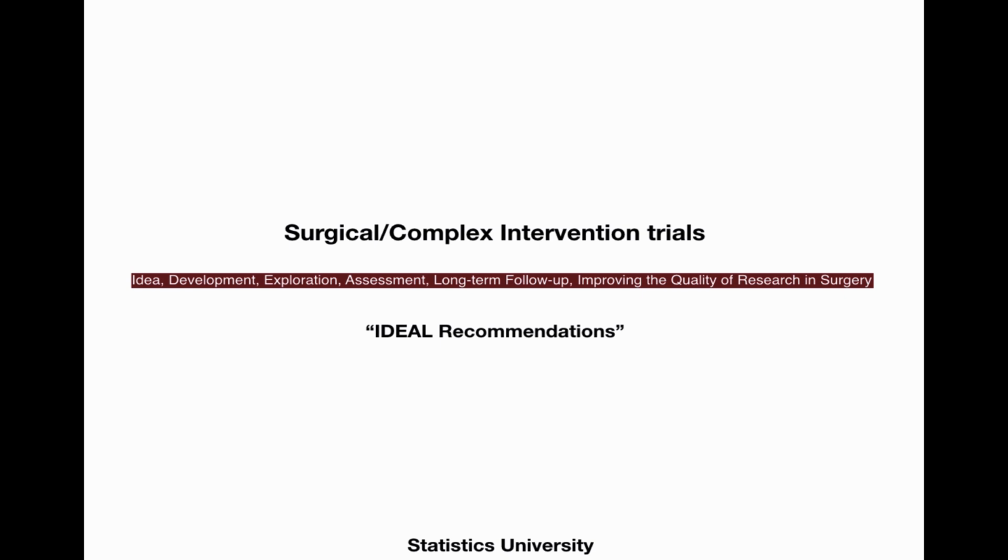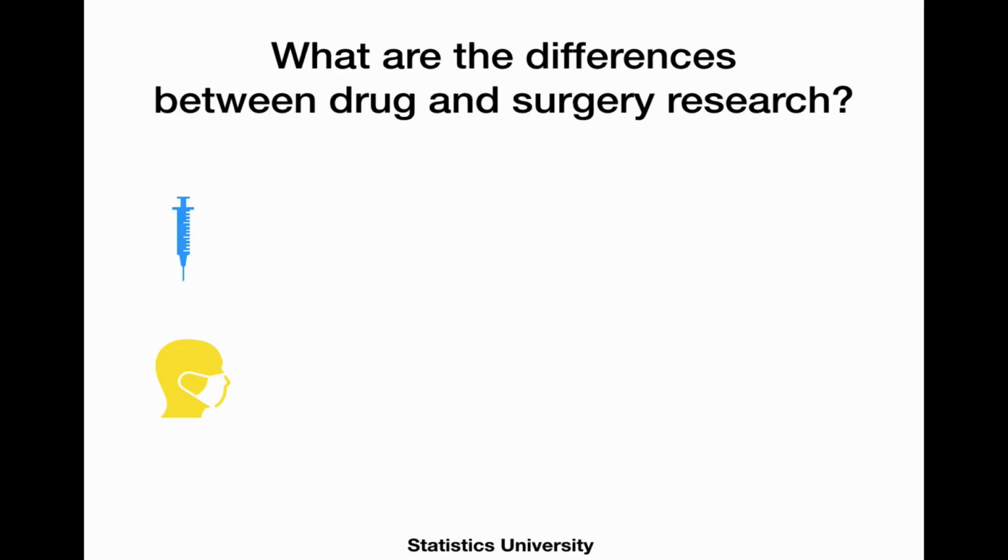And IDEAL stands for Idea, Development, Exploration, Assessment, and Long-Term Follow-up for the improvement of the quality of research in surgery. Now, what are the differences between drug and surgery research? And note that I'm saying surgery, but something like an interventional radiology procedure or other complex intervention is meant to be included in this term.